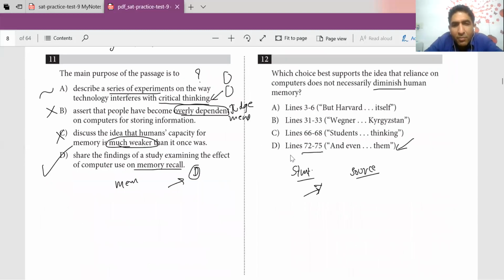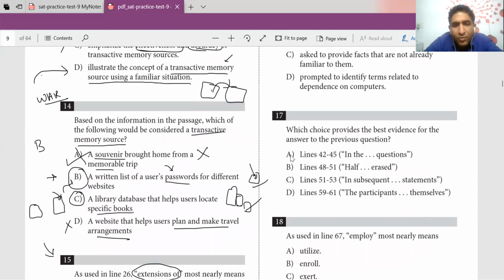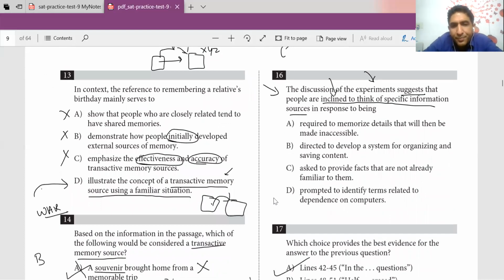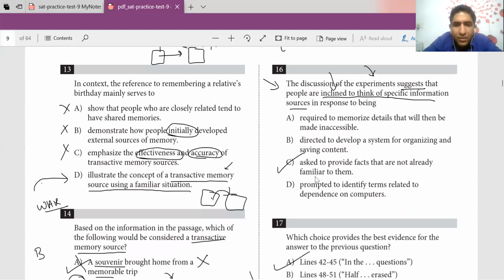So I will mark that particular question 42 to 45 here. This is the one. And when we are asked to provide facts that are not familiar to them, at that time, they think about the source. So that's fine. We are done with this question.